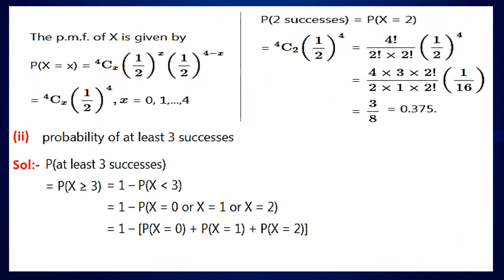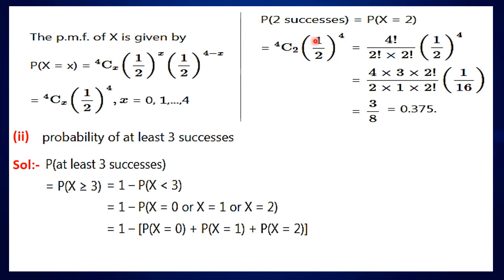Once we obtain the probability mass function of x, we find the probability of 2 successes, that is P of x is equal to 2, that is out of 4 throws to get 2 successes, that is 2 odd numbers.